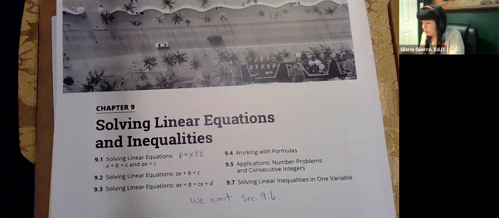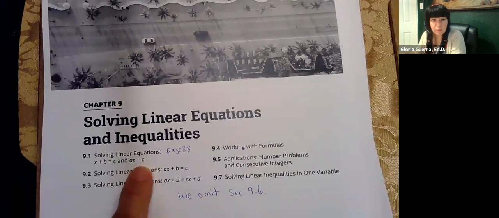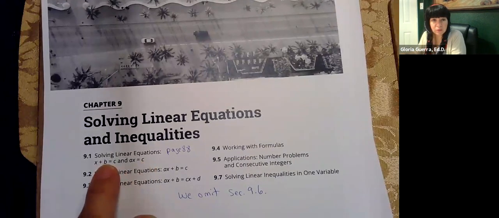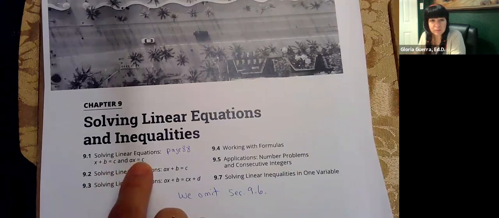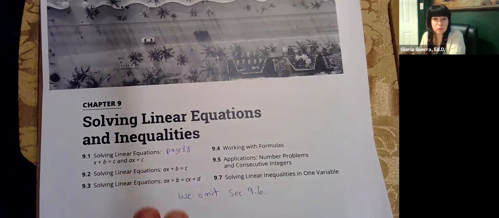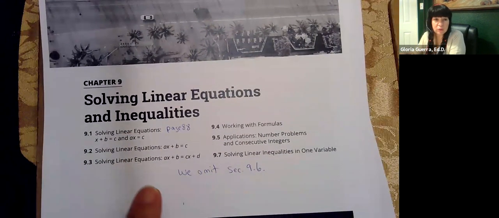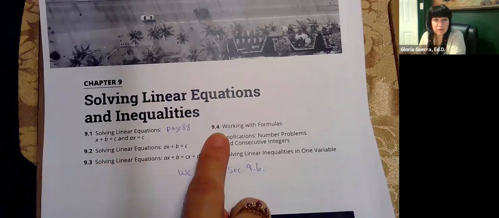So I'm going to go over 9.1, which is called solving linear equations of the form x plus b equals c, and also of the form ax equals c. So this is going to start on page 88 of your workbook, and this is going to cover test 2 material. So it covers 9.1, 9.2, 9.3, 9.4, 9.5.